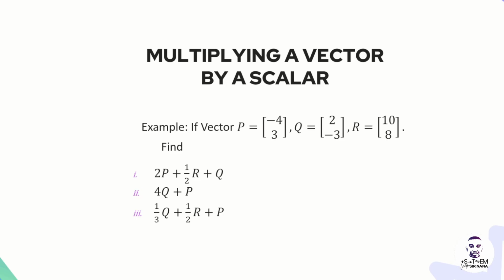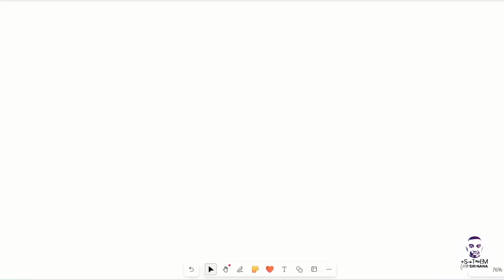In this example, they've given us vectors p, q, and r, and we have to perform some operations where we add as well as multiply by a particular scale factor that has been given to us. So let's look at how we can solve this question.